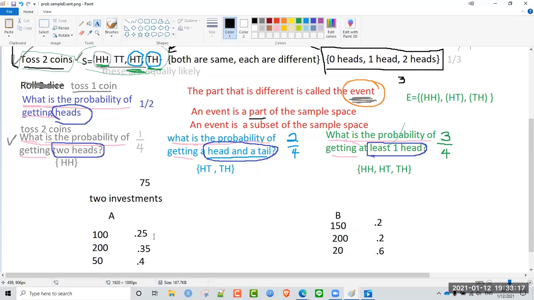So now we want to guess which investment is better. Hopefully by the end of our last class, we'll be able to use probability to answer this in a precise way. So these are probabilities, and we want to use them. Anyway, we'll come back to that later. I at least want to cover that much in our class before the end of the semester. Okay, that's all for today.